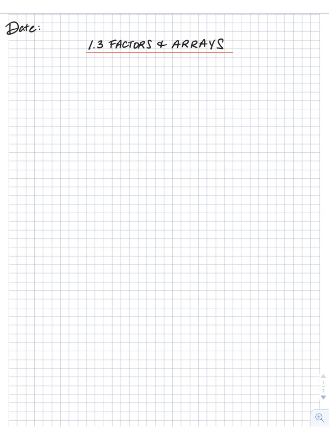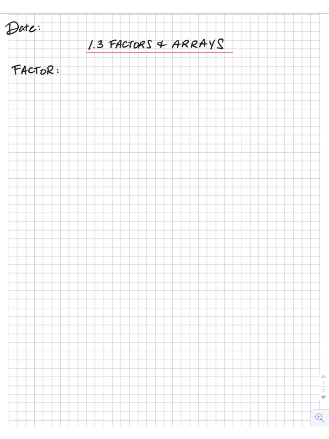So jot these down and think about these definitions on your own before we go over them. So let's talk about a factor, actually. Let's make this singular. So think to yourself, what operation involves the use of factors?